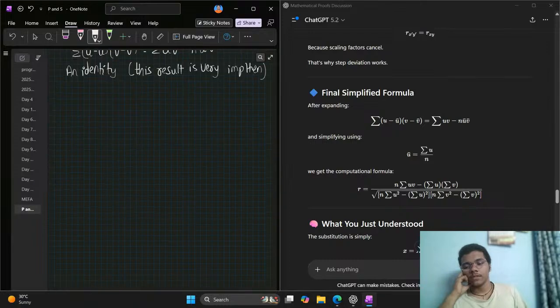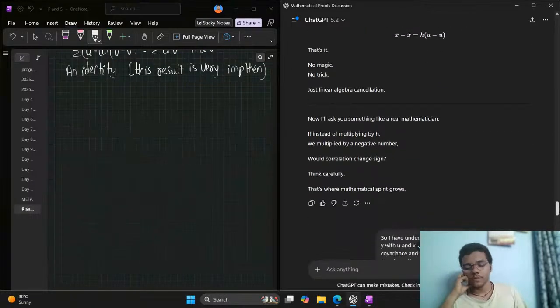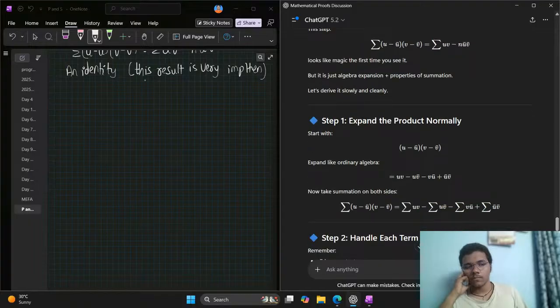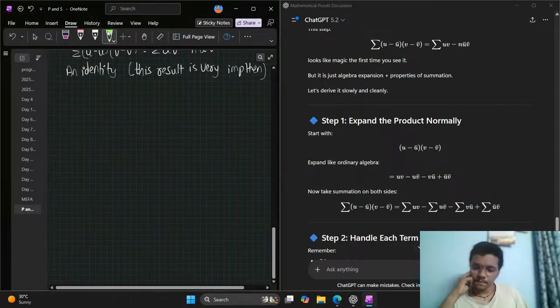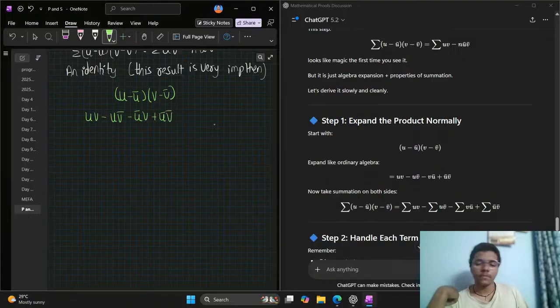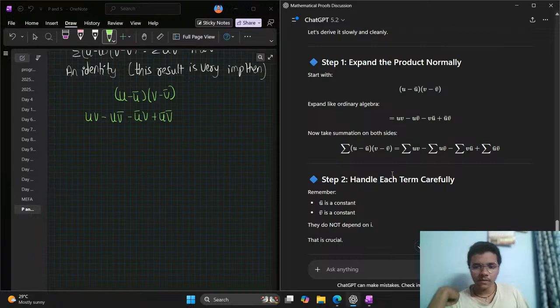So we need to prove this one now, it seems. (u minus u bar)(v minus v bar). We are just using the normal distributive identity: uv minus u v bar minus u bar v plus u bar v bar, because minus times minus is plus.